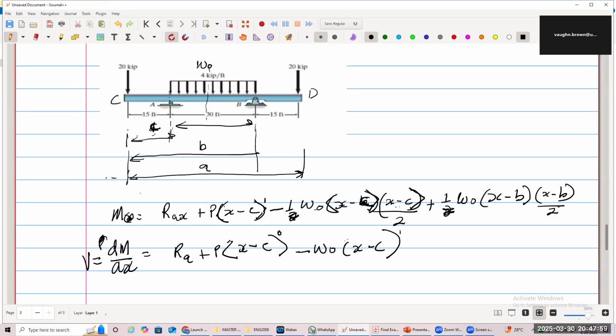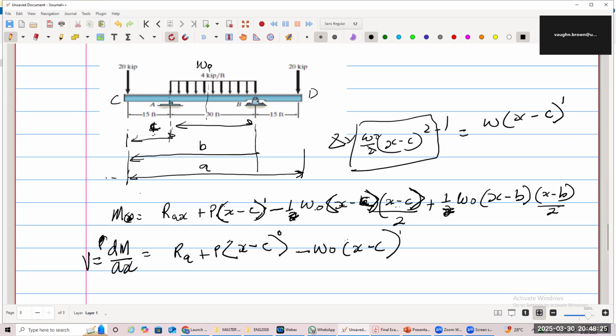So you would get just 1. Remember, this would be 2, but you will get 1. Because remember, x minus C square omega Z upon 2. When you differentiate this, you would take away 1 from that, multiply this by 2, so typically these are cancelled. So you're going to be left with omega x minus C to the 1.